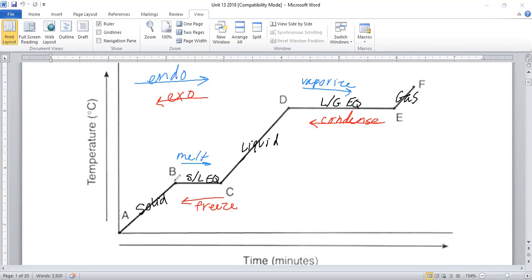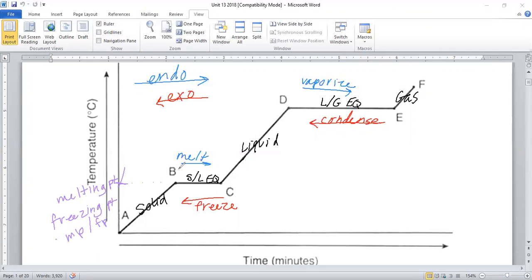Okay. So the lines on the edge, the flat line, trace it over here. That is the melting point or the freezing point. Melting and freezing point are the exact same temperature. So I'll just write from now on MP or FP.